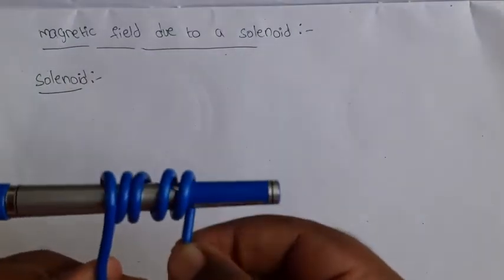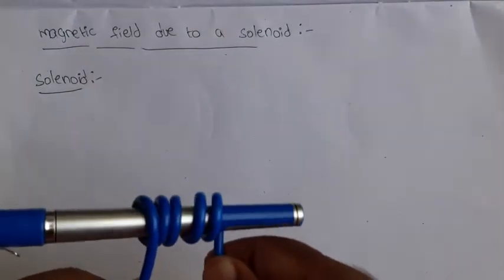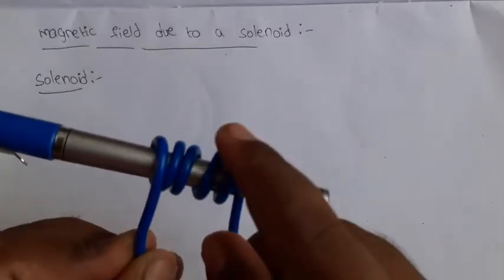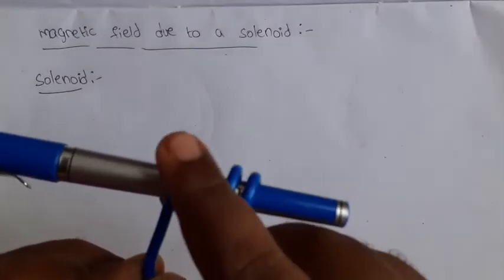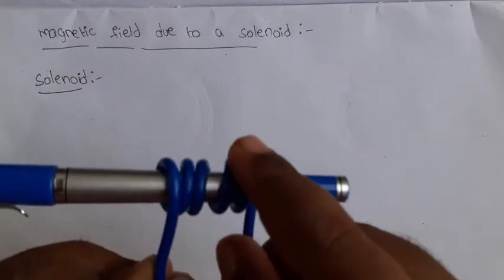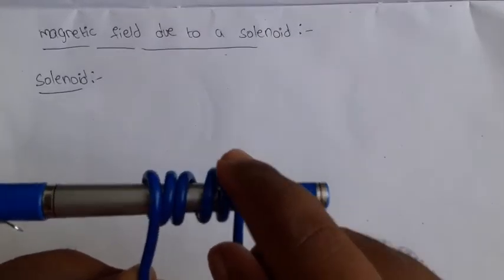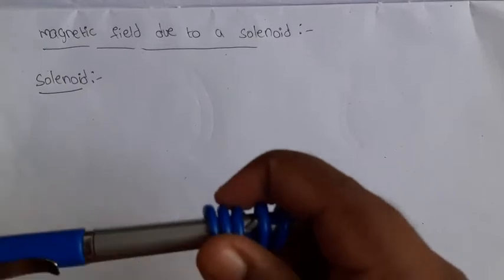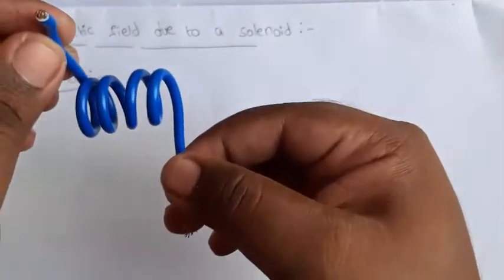This color is called the insulator of the conductor. This shape is called a helical coil of insulated conductor wire, and it is called a solenoid.